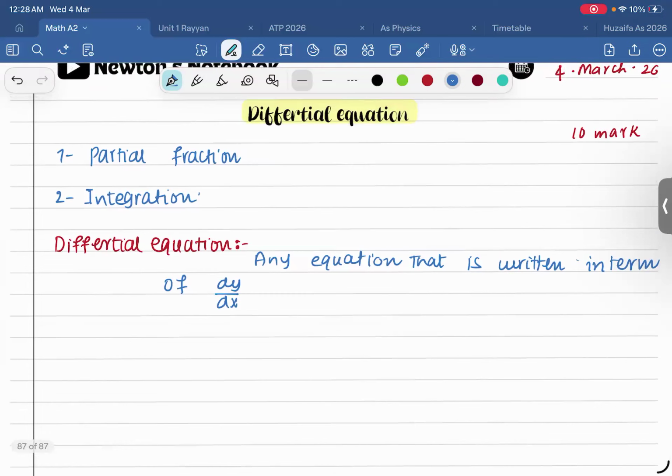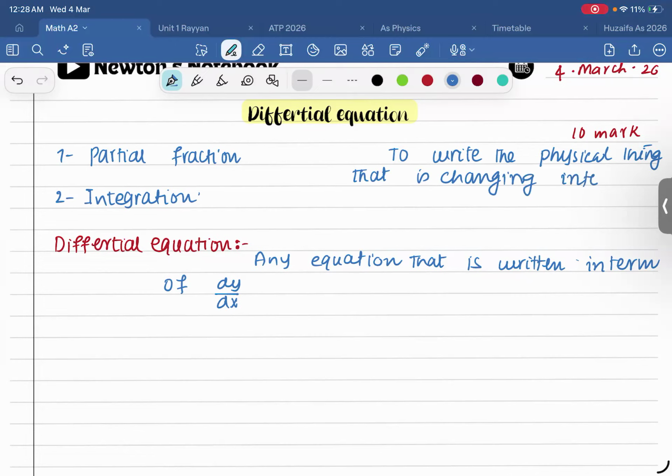If I define it, it is writing a physical thing that is changing in mathematics.